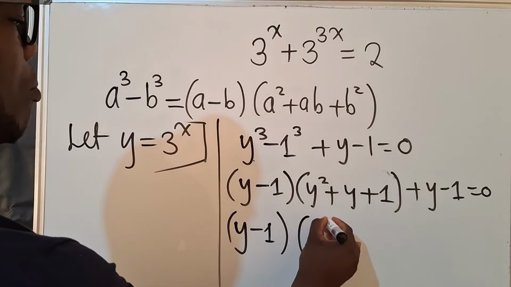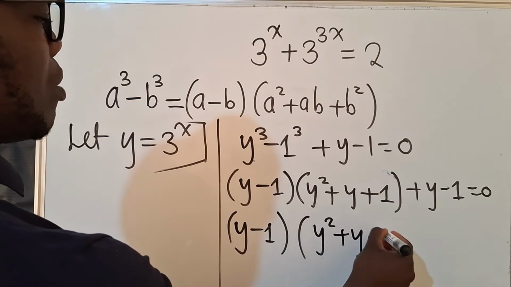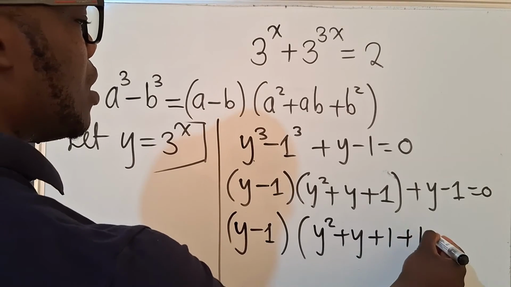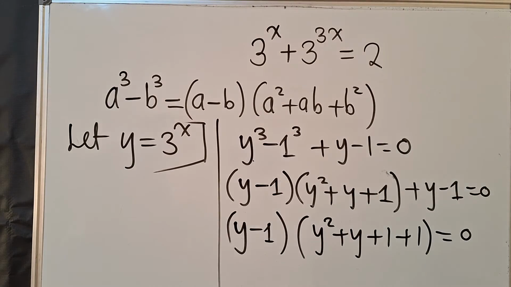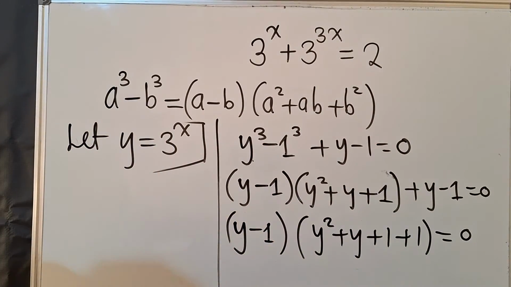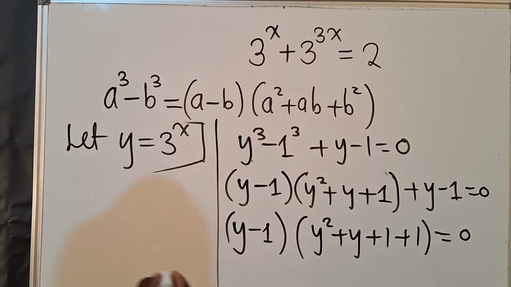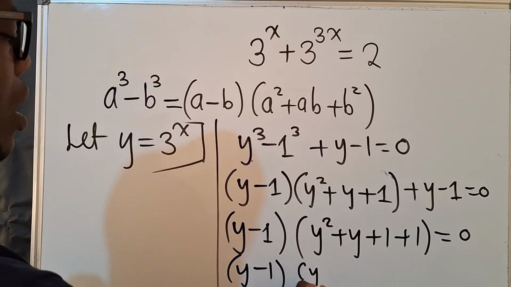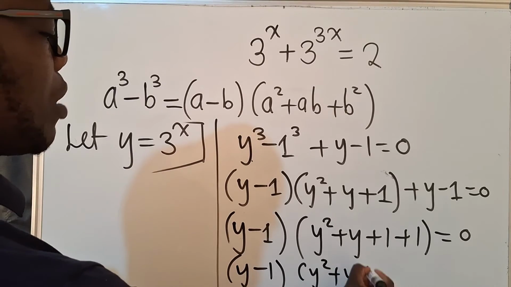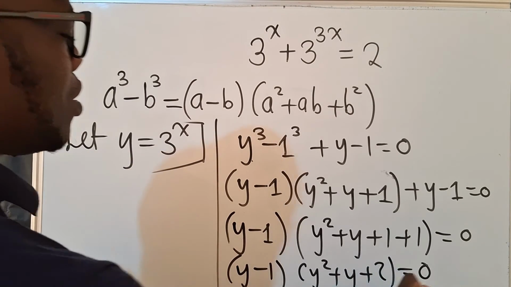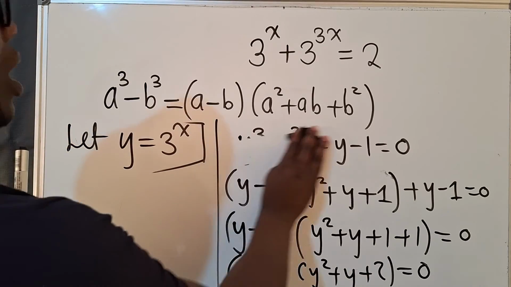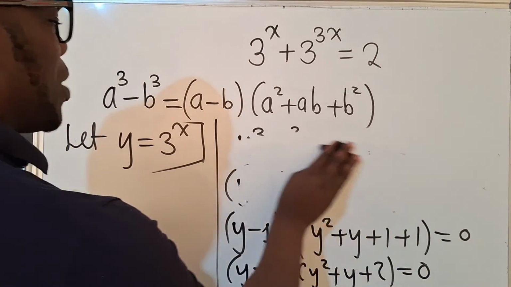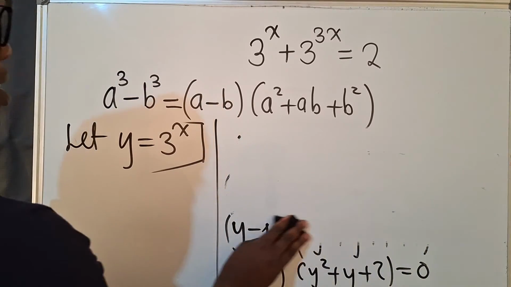So we shall have y power 2 plus y plus 1, plus 1 is equal to 0. So that's it. And to clean this up, we shall have y minus 1, y power 2 plus y plus 2 is equal to 0. So now we solve these two equations. I hope you're following up to this stage.